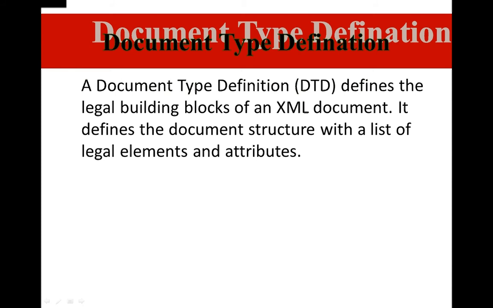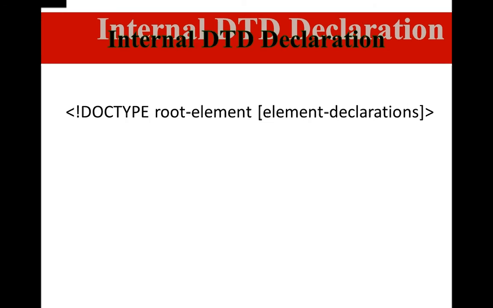Okay, let's look at the different ways of defining or declaring DTDs. There are two ways actually: one is internal DTD and the other is external DTD. The syntax of internal DTD is somewhat like this: DOCTYPE, root element, and within the square brackets we define all the legal elements. Whatever elements there are in the XML are defined within the square brackets.